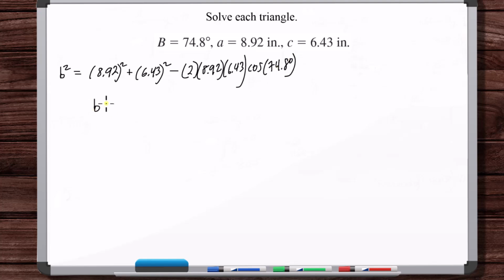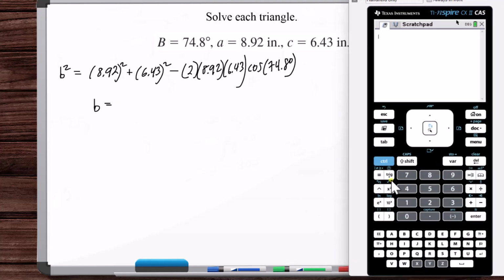Okay, so side length B is equal to cosine of 74.8 times 6.43 times 8.92 times 2.